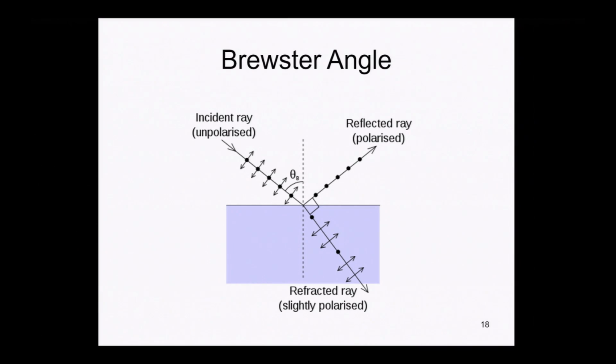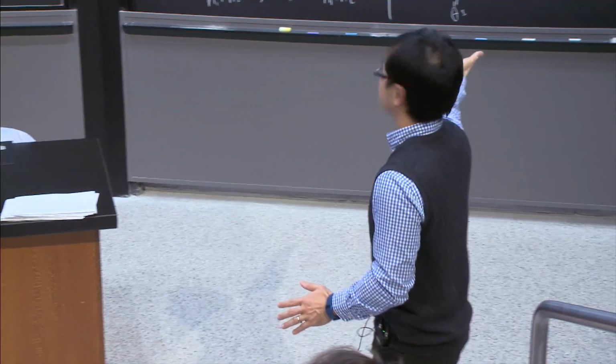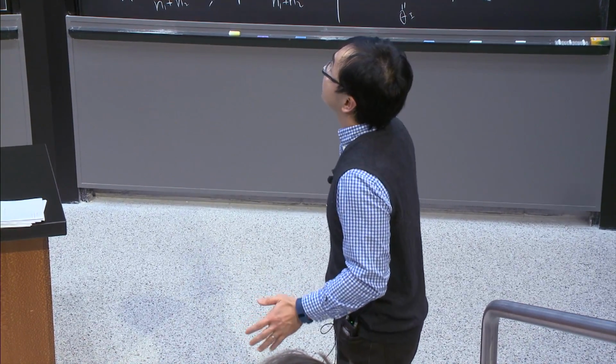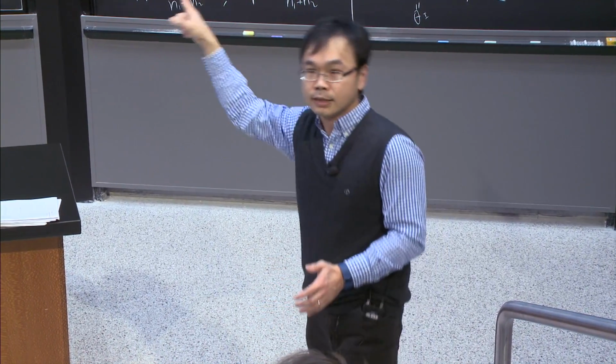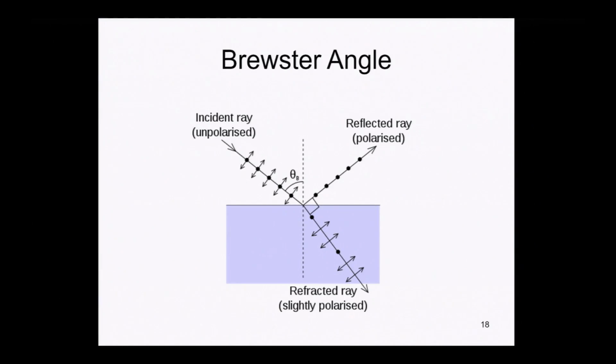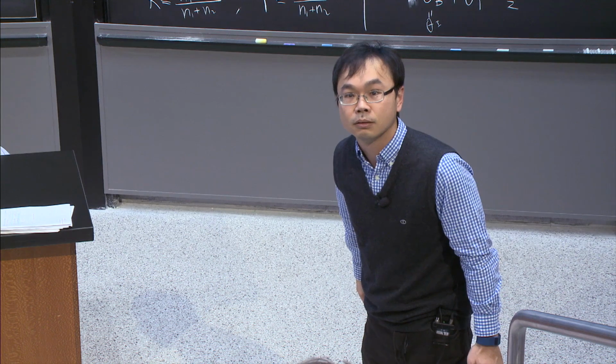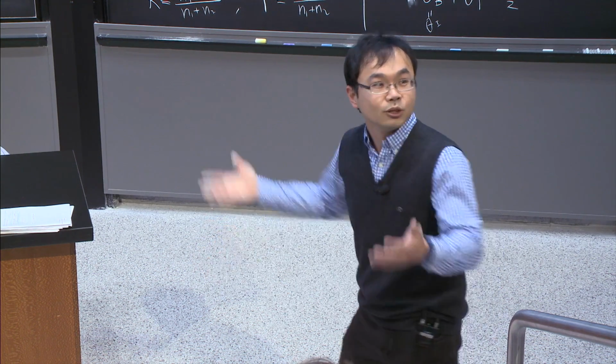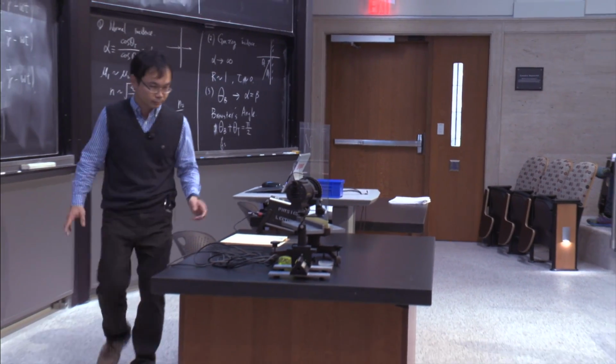On the other hand, all the components having polarization parallel to this slide are eliminated because of this relation. So that means the refracted light will be highly polarized. Do you believe me? Maybe not. We can do an experiment and really show you that's the case.